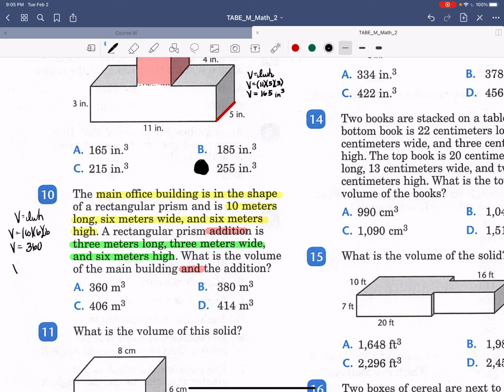And then the addition is 3 by 3 by 6. And that is 54. Add that to the 360, and the combined volume is D, 414 for number 10.